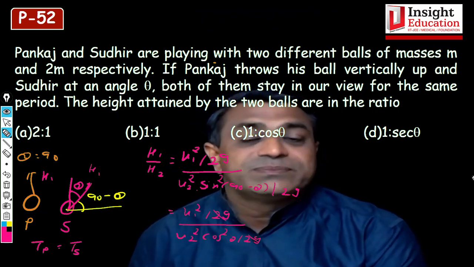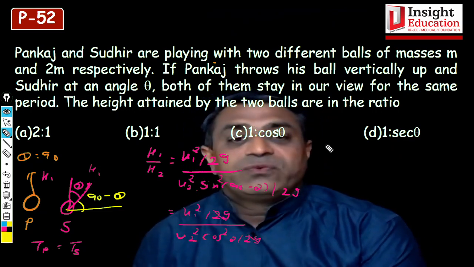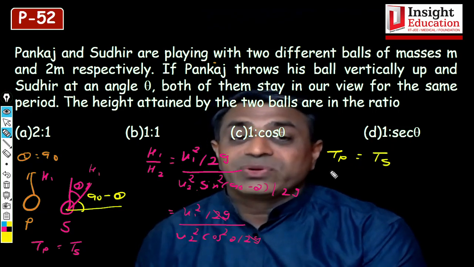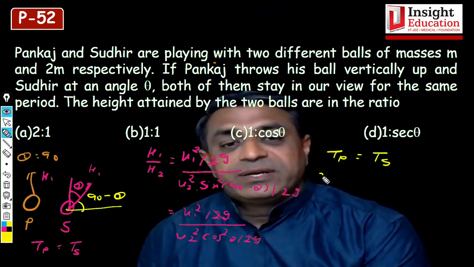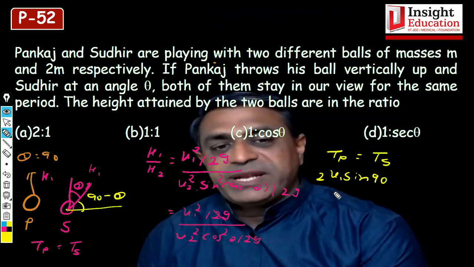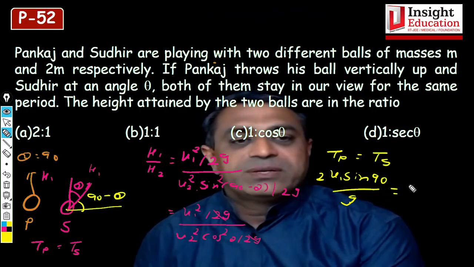The answer is not given. So now use the condition that time of flight for Pankaj and time of flight for Sudhir are both the same. So time of flight, twice u1 sine 90 upon g for the first case.